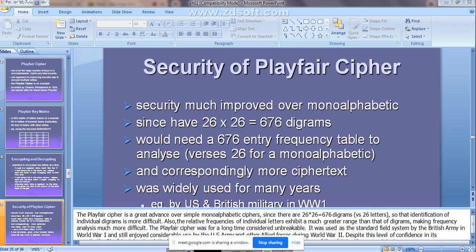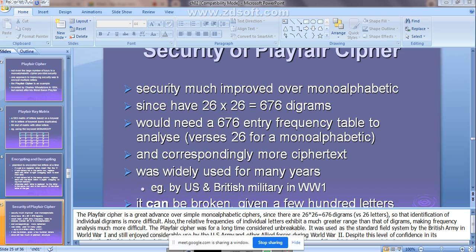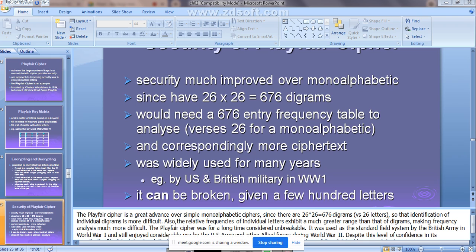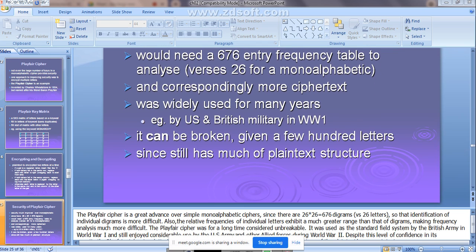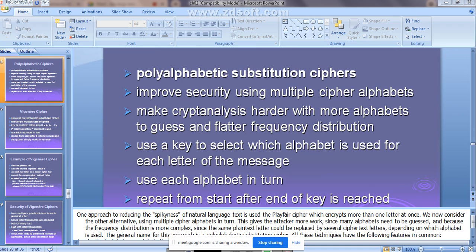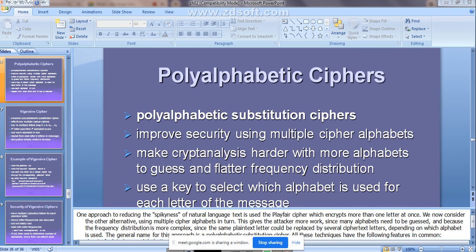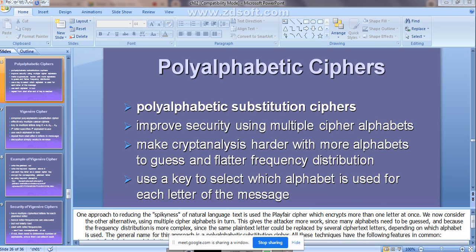Whenever you consider the plain text as a single unit, it is translated into the ciphertext by using these diagrams. The 5 by 5 matrix we have considered, that itself they call a diagram. Identifying the plain text by using these individual diagrams is somewhat difficult. You would need 676 entry frequency tables to analyze.